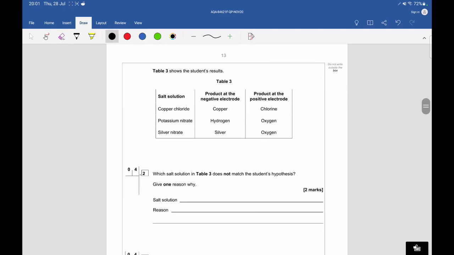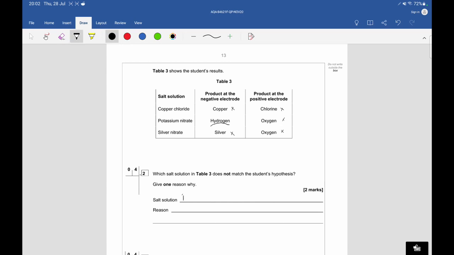Question 4.2 said, which salt solution in table 3 does not match the student's hypothesis? So we're looking at which of these does not produce a solid at the negative electrode and fizzing at the positive. Well, all three of these produce a gas at the positive electrode. So we're going to work out our answer here by looking at the negative electrode. We're going to see a solid on this one because copper forms, and hydrogen would not be a solid forming.